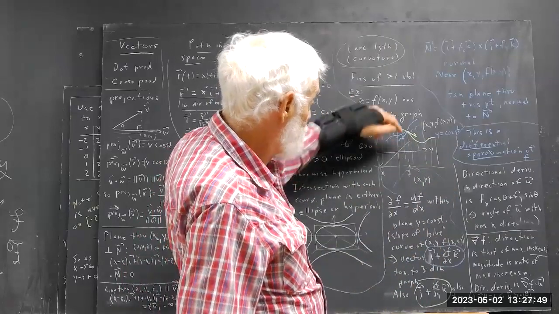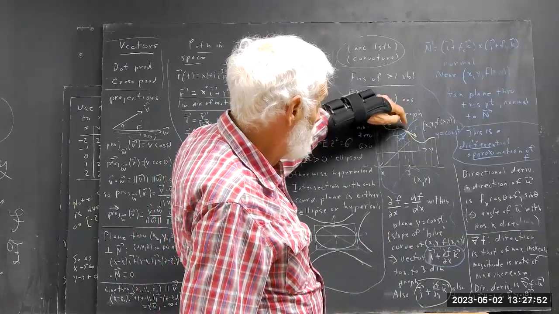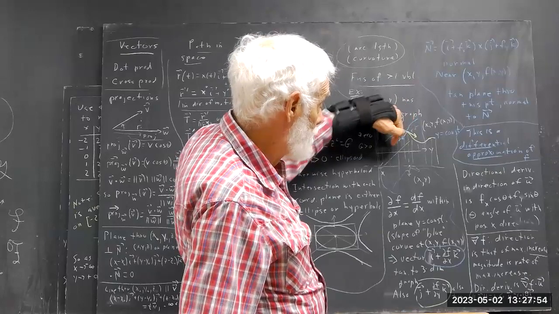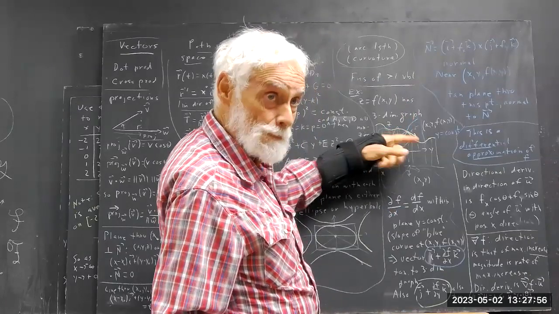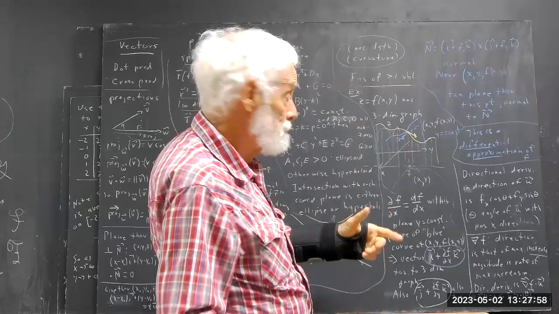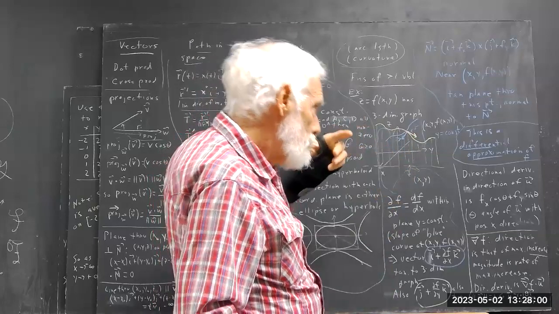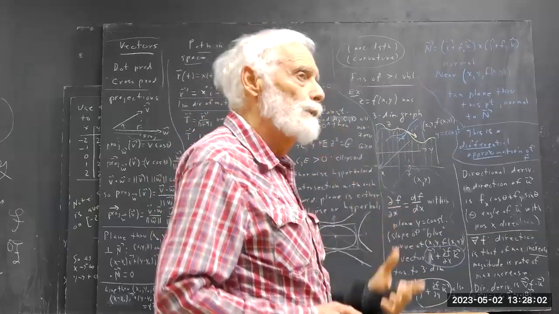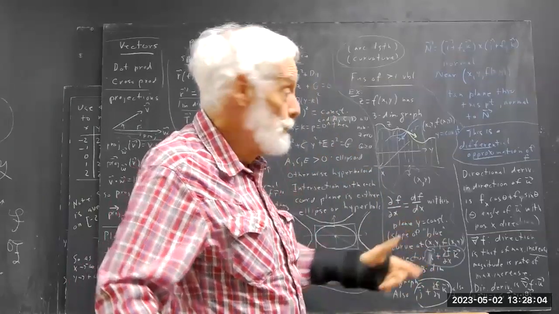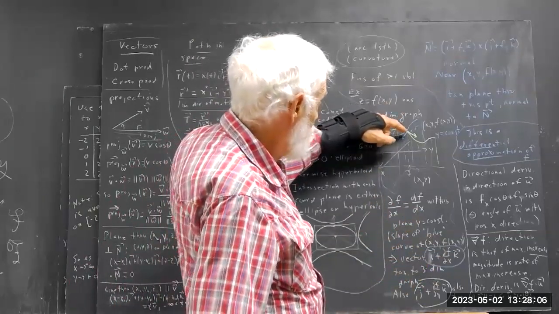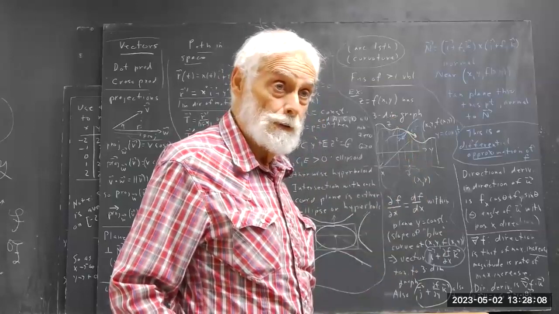This blue curve has a tangent vector at this point, X and Y. The X equals constant plane and the Y equals constant plane each give a curve with a tangent vector.